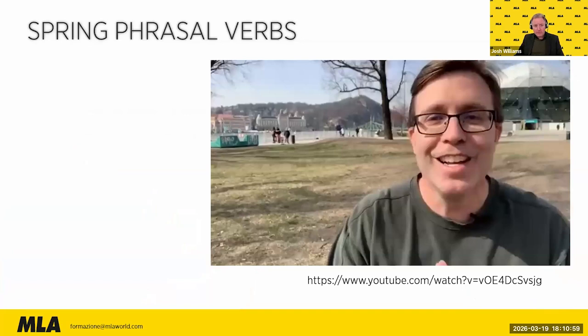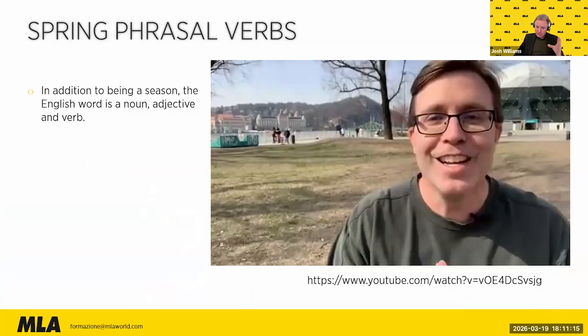Anyway, first up, we've got some spring phrasal verbs. Not all of these are necessarily related to spring, the season, but also spring has a couple of other meanings in English, as you'll see. This is part of the video. So I've given you in the handout the link to the full video, but we'll have a look at some of it.